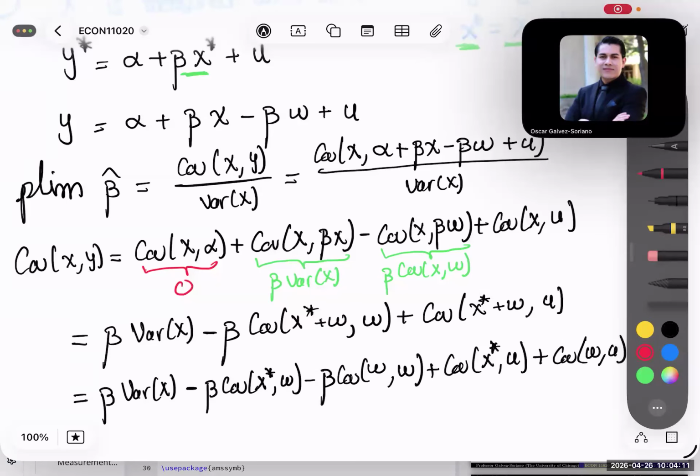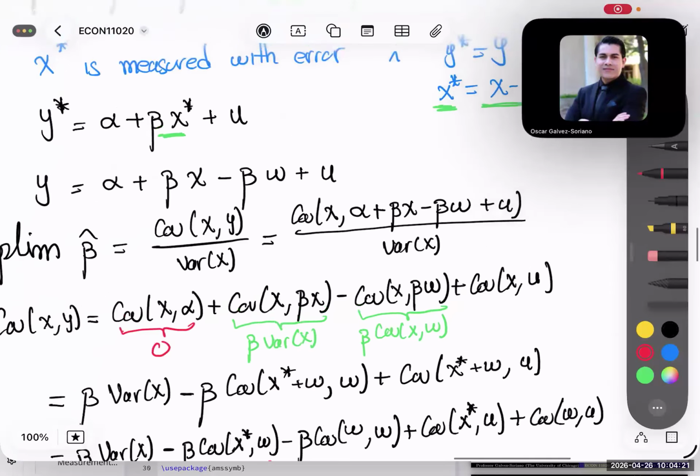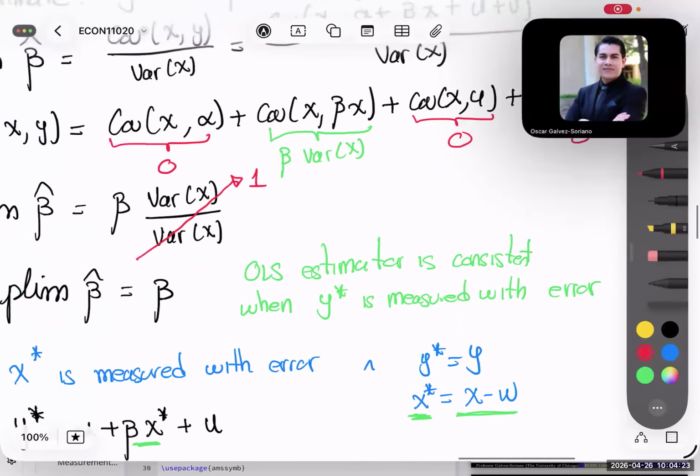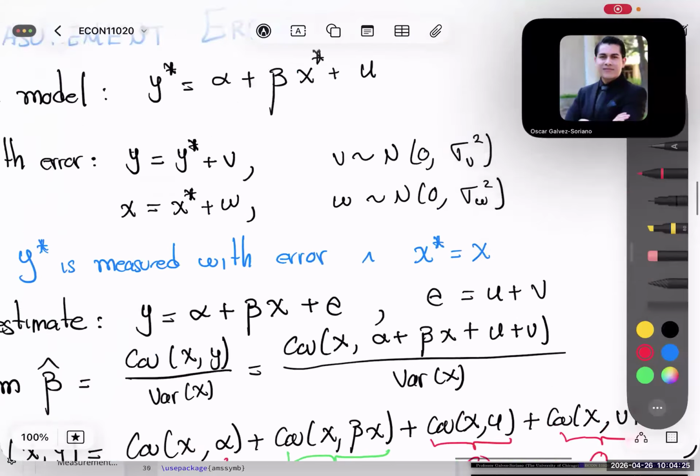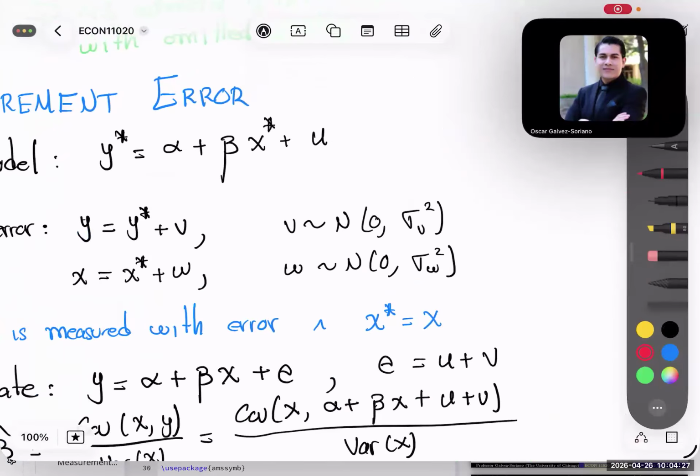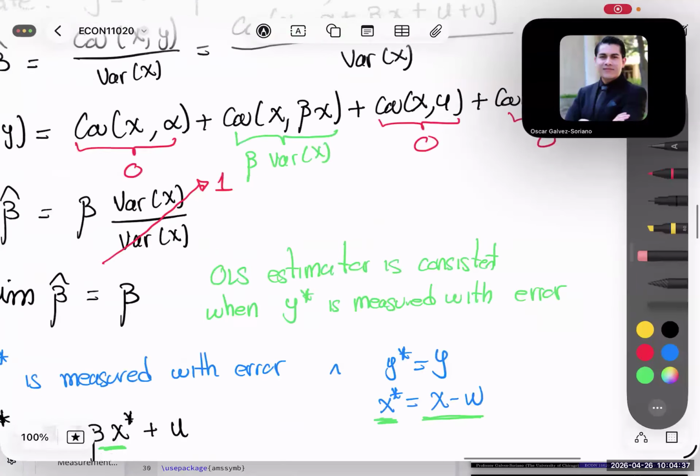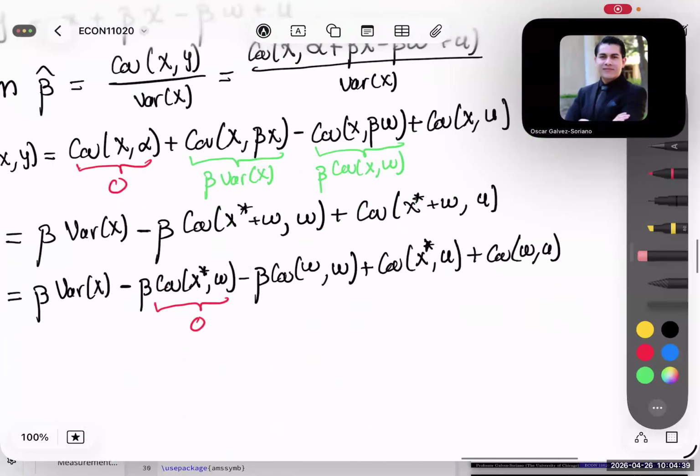Okay, so let's simplify some of this stuff. This one is 0. That was easy to see, because you know that this is the error term of x when it's measured with error, so it has to be the case that the covariance is 0. They're independent.